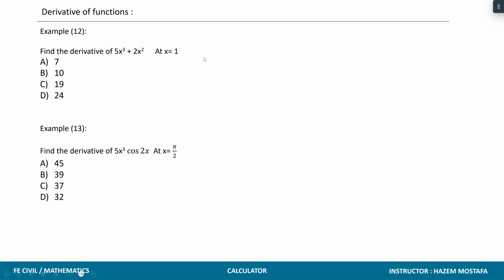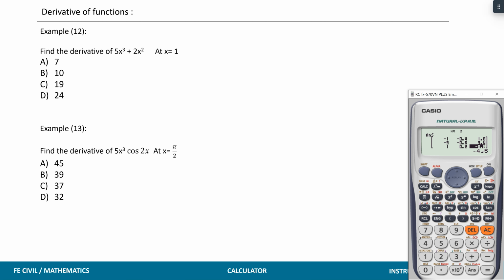So we're going to solve the derivative of the equation with the calculator.